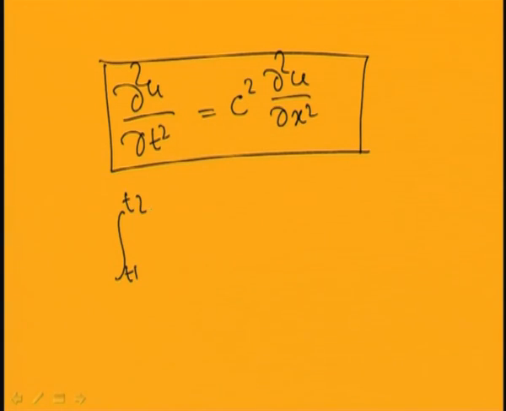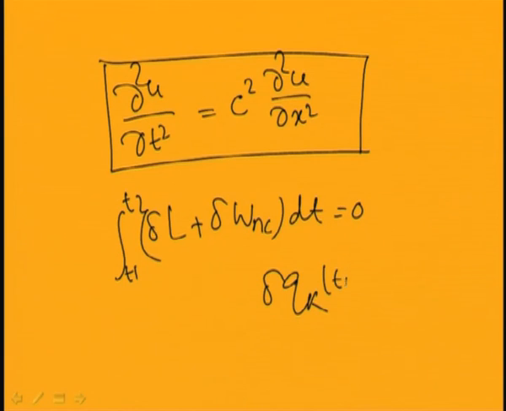After finding all these three, you can apply the Hamilton principle by writing integral T1 to T2 of del L plus del W n c dt equal to 0, where del q k at T1 and at T2, that is the virtual displacement, equals 0. By applying this rule you can derive the equation of motion of the system.